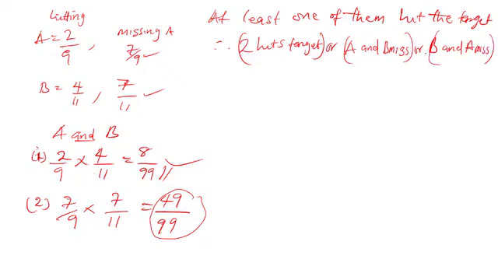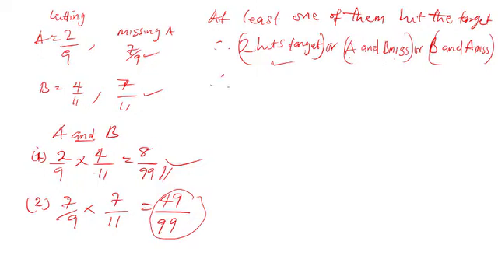At least means 1 and above. So it's either they both hit the target, or A hits and B misses, or B hits and A misses. Remember, "or" symbolizes plus, and "and" is a symbol of multiplication.